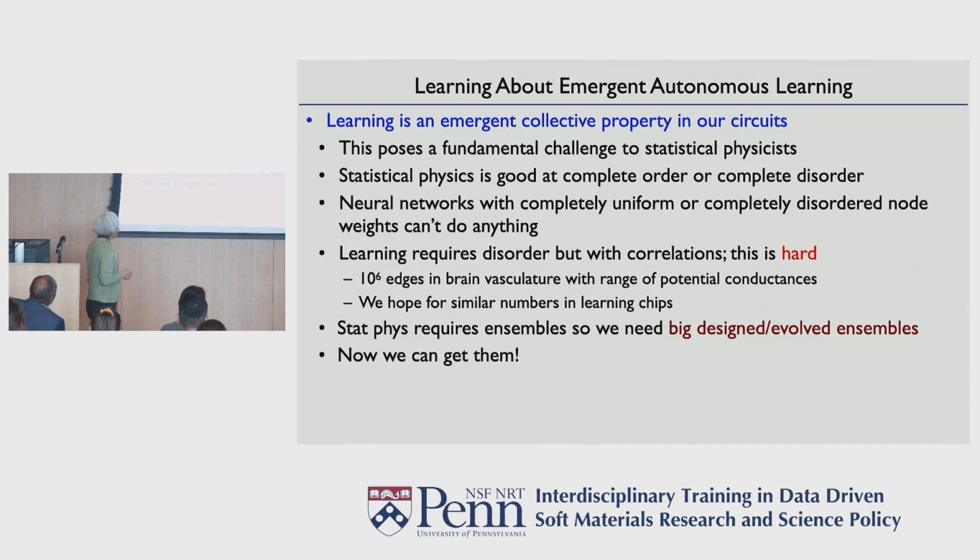One thing we know from statistical physics, though, is if we want to solve something, we need ensembles: ensembles of systems that have all learned the same thing, but that are different. Now we have them. The second generation reports out every detail of the electrical state as it is learning.